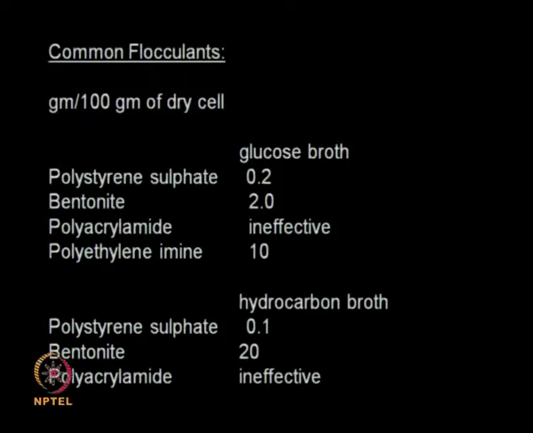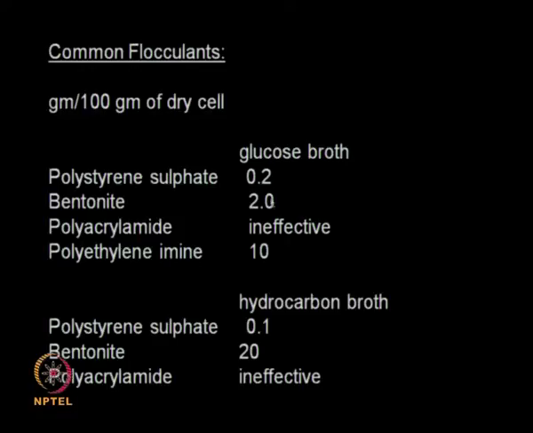There are a large number of flocculants which are used, and I am going to tell you the common ones, and it also depends upon the type of broth. So if you have a glucose based broth, we may use salts like polystyrene sulfate, bentonite (bentonite is a clay), polyacrylamide, which is a polymeric material, polyethyleneamine and so on.